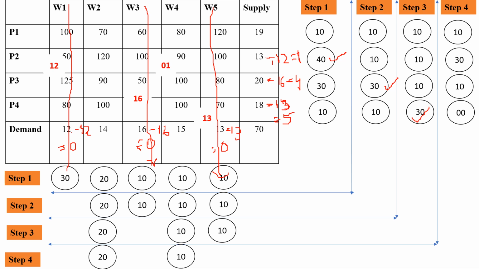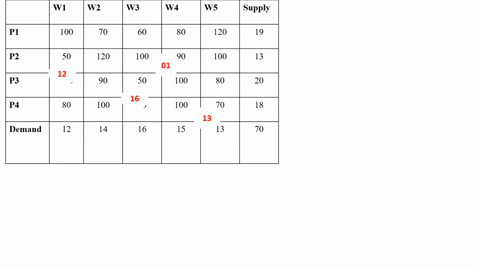Once it is allocated, 1 minus 1 becomes 0, and similarly 15 minus 1 is 14. Once it is 0, delete it. Then you go for step 5.